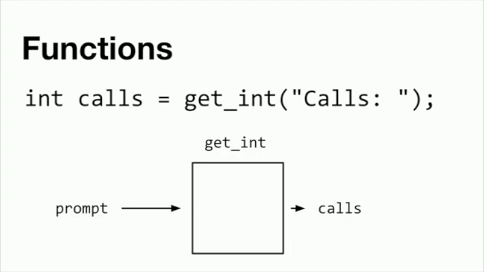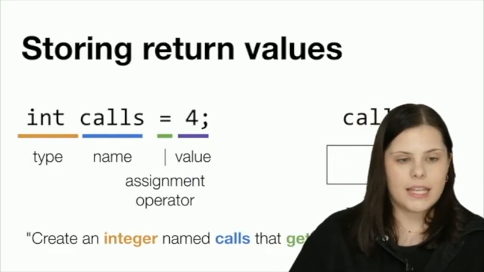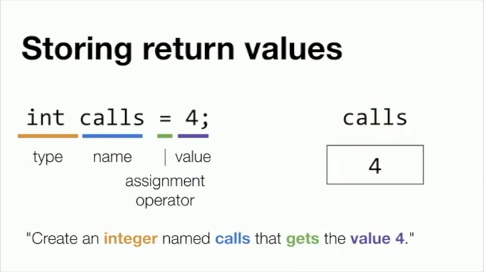Then the lecture moves into talking about Hello You, which introduces the concept of user input. This one talks about using placeholders in formatting output, like percent s for strings and percent i for integers.